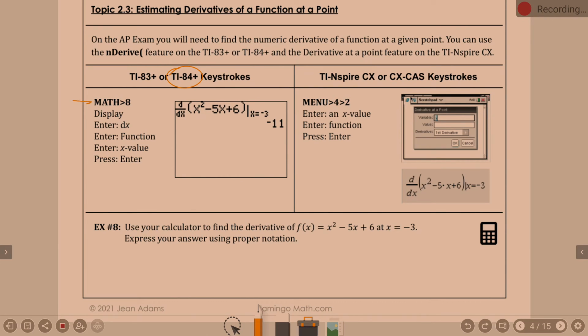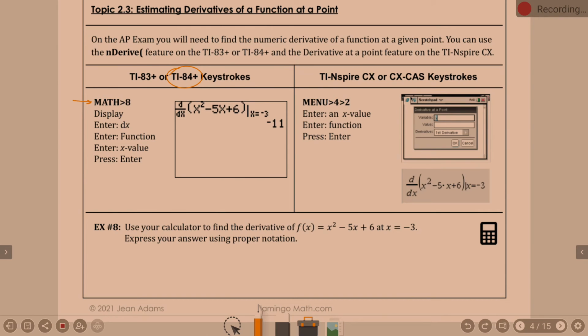I've always taught you the Math menu has a lot of good information, yes? So if I hit my Math menu, number 8 says nDeriv, and that is a derivative.